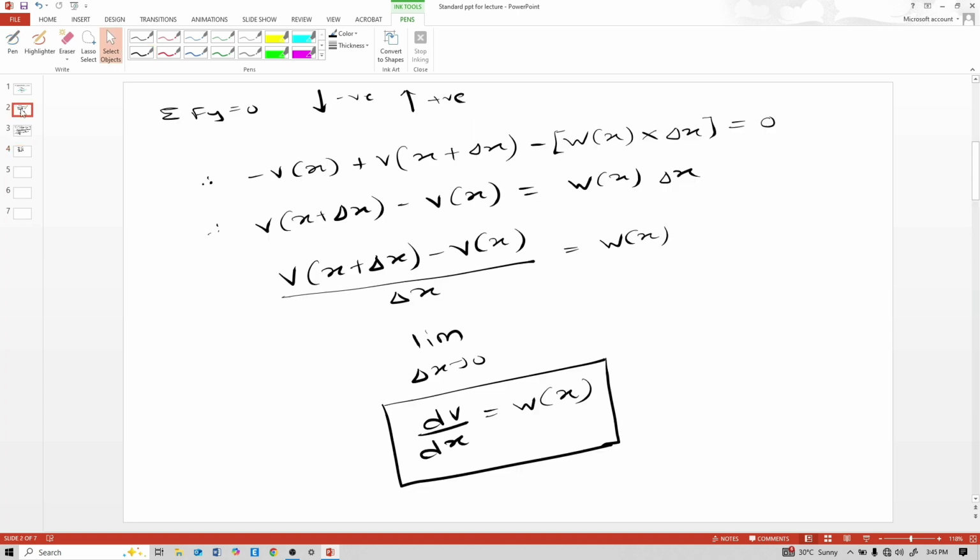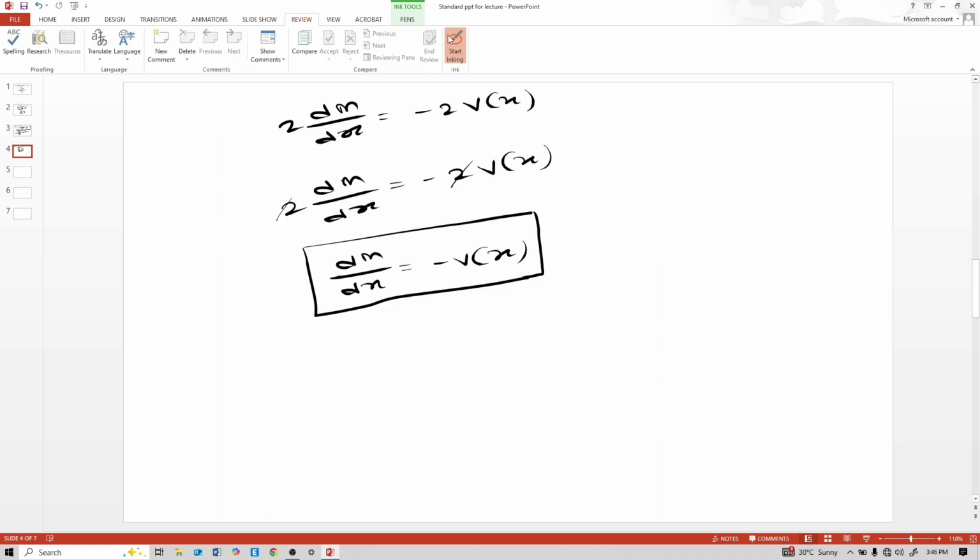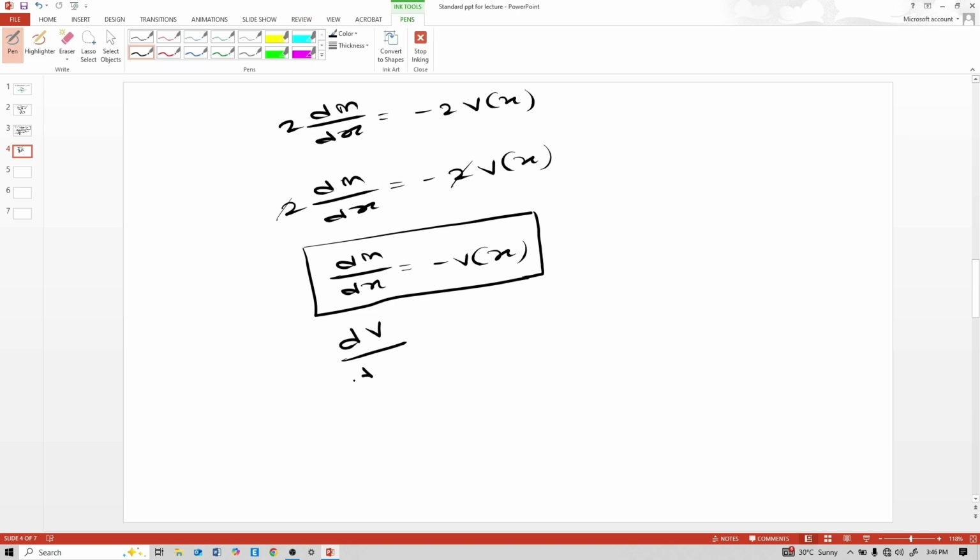And this is equation between intensity of loading and shear. So by using this equation, intensity of loading and shear, dv by dx is equal to w of x. Put this v of x value here. So v of x means minus dm by dx, and this is dx, this is w of x.